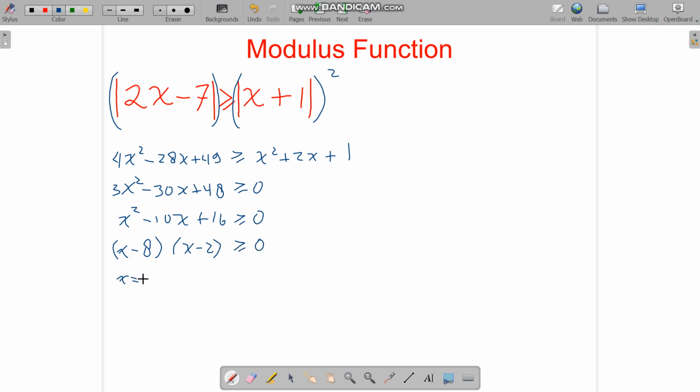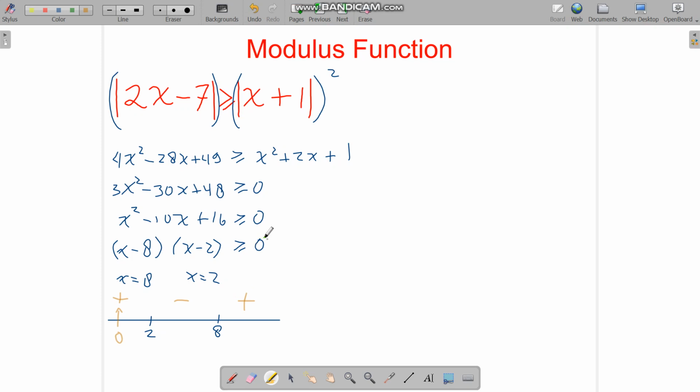So we have x equals 8, x equals 2. The number line, critical points 2 and 8. Check for the sign on the left here. If we plug in 0, we get a positive. So this must be negative and this must be positive because it's a quadratic.